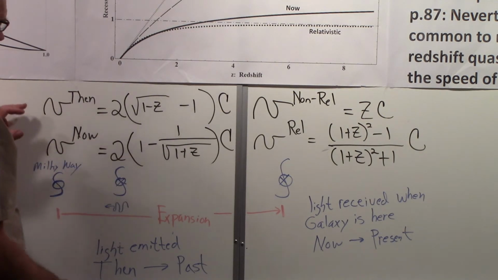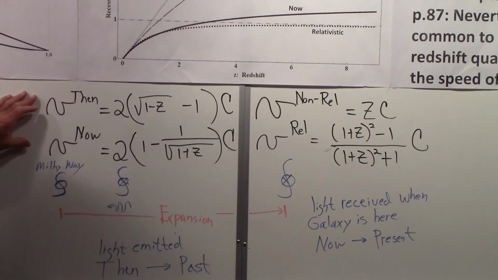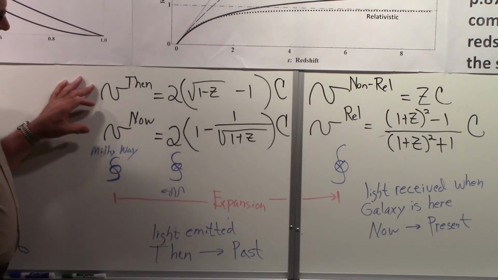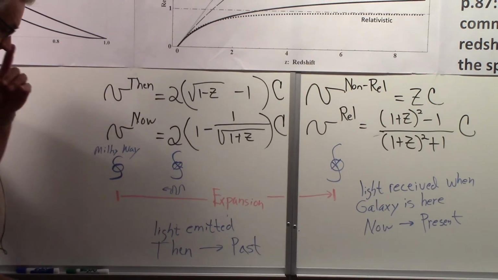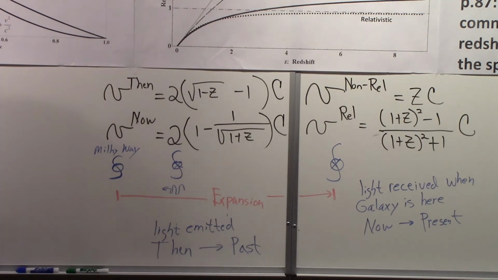So here are the equations for the Einstein-de Sitter model. It is a model that says that space just keeps expanding. So you start out with a big bang and space keeps expanding.